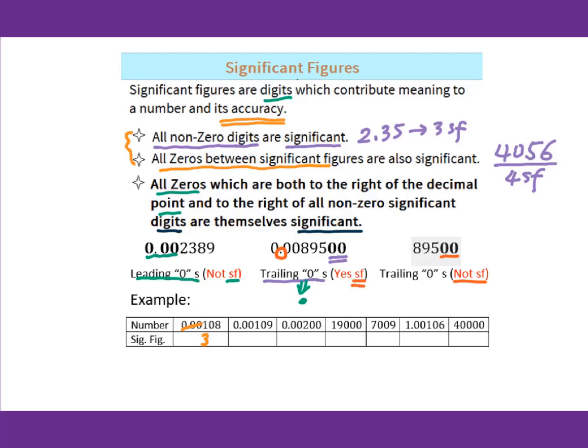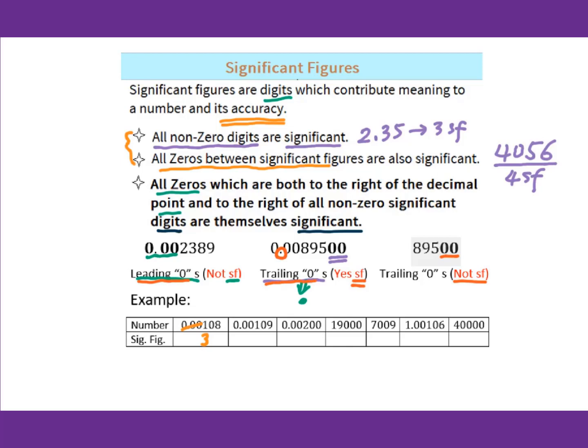For zeros, only when they are leading zeros or trailing zeros is there a chance of them not being significant figures. So when you figure out how many significant figures a number has, you need to pay attention to leading zeros or trailing zeros. That's all.